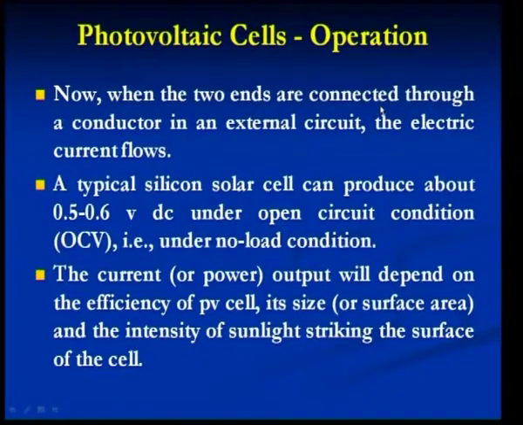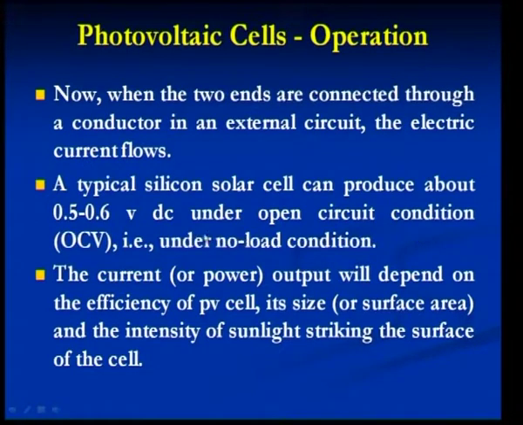Now, when the two ends are connected through a conducting medium in an external circuit, electric current is allowed to flow through. The movement of electrons is nothing but the flow of current. A typical silicon solar cell can produce about 0.5 to 0.6 volts direct current under open circuit condition.